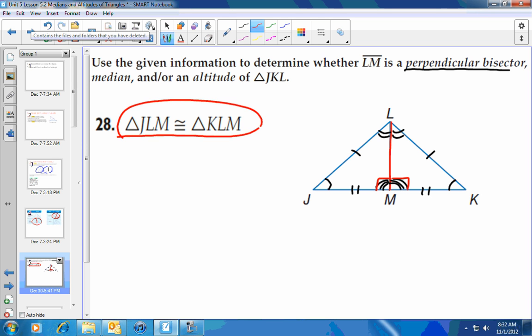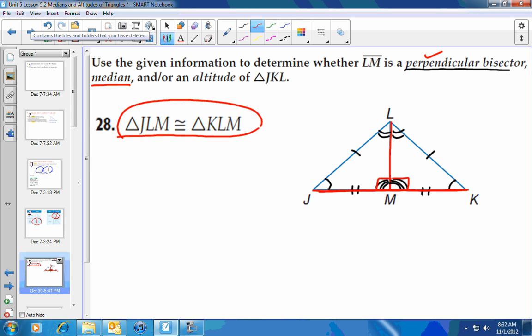Did y'all follow that? Since this is 180 degrees, there are two adjacent angles. So in other words, those two angles are a linear pair, right? So they add up to 180, and if they're congruent to each other and they add up to 180, they do each have to be 90. So it's a bisector of segment JK, it's perpendicular to segment JK, so it is a perpendicular bisector.